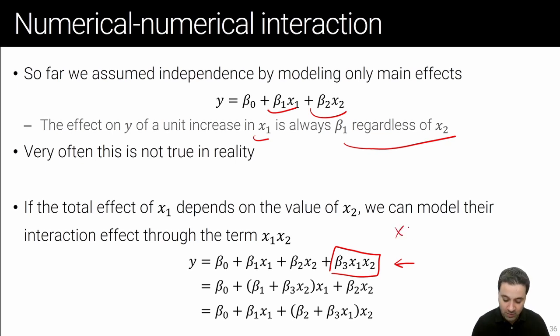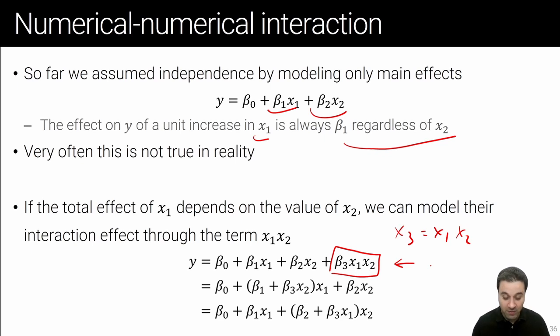So it's like we are including a new third variable x3 equals x1 times x2. Now, of course, the model has no idea where this x3 comes from. It's just like we previously computed this new predictor x3 equal x1 times x2, and we just give it to the model. That's exactly what we're doing here.